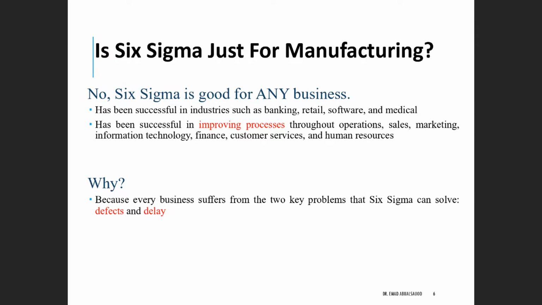Six Sigma can be used in any industry: banking, software, medical, healthcare, education. It has been successful in improving processes in all the different industries: sales, operations, marketing, finance, customer service, human resources.